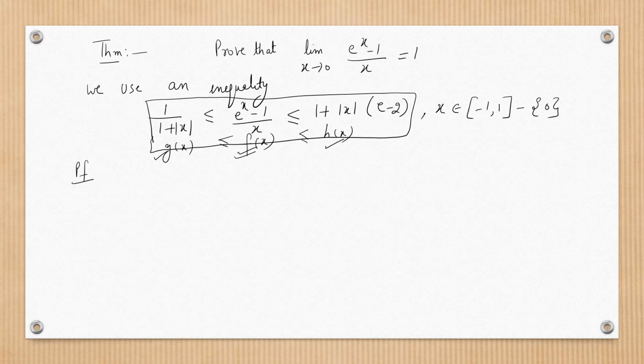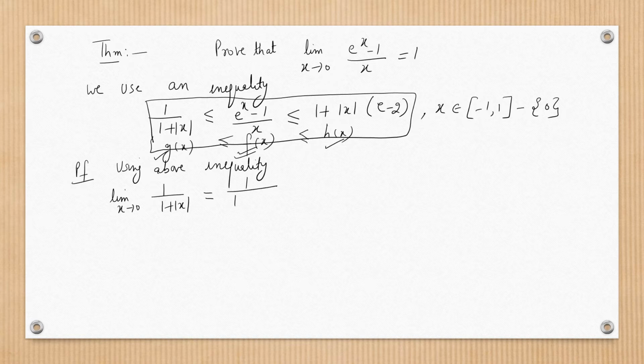So using this inequality, what is going to happen? Say I'm taking my left hand side. Limit x approaches 0 of 1 upon (1 plus mod x). As it is a simple function, it is not forming any indeterminate form, so I can directly put the limit.